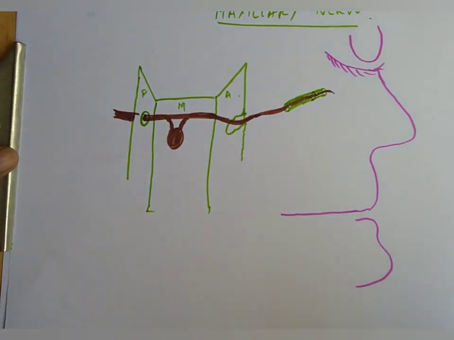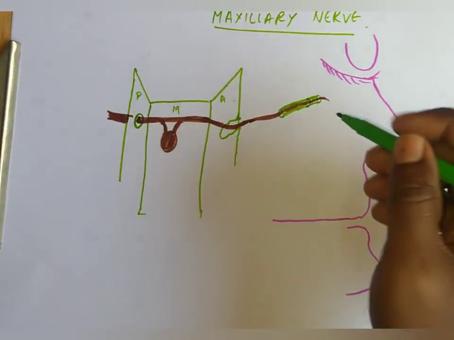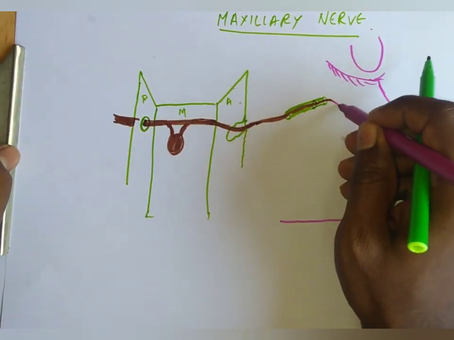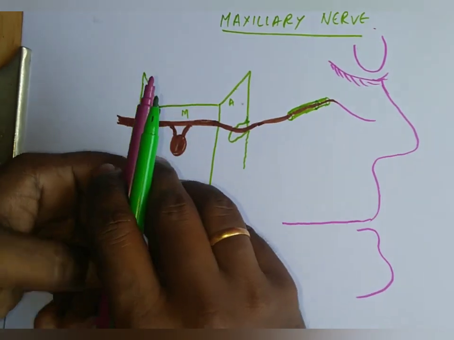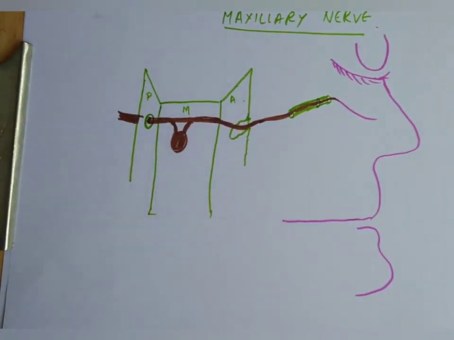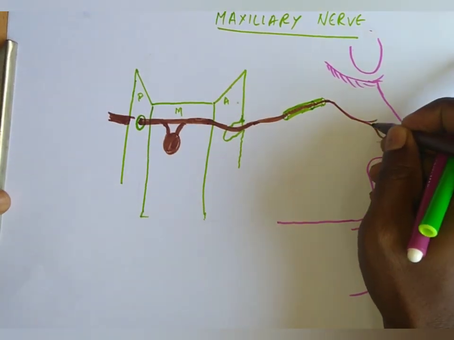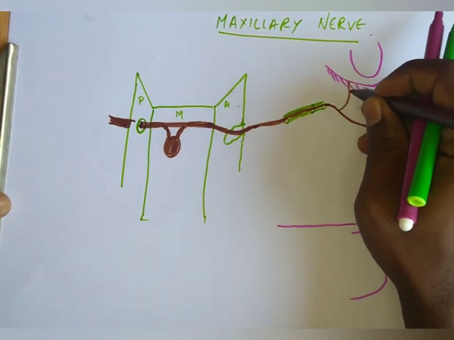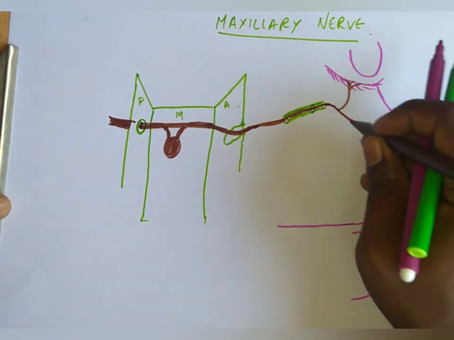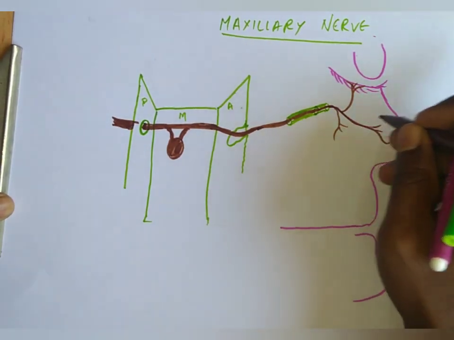The lower jaw. Now this nerve which is emerging here divides into branches to supply the nose, lower eyelid, and the cheeks.